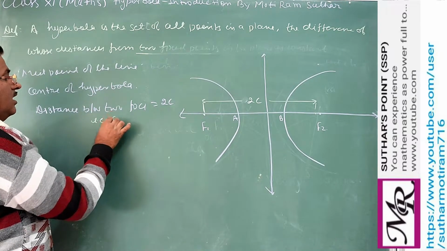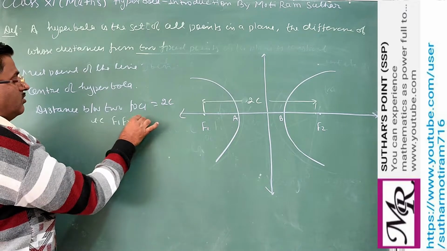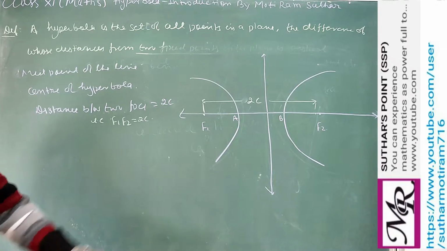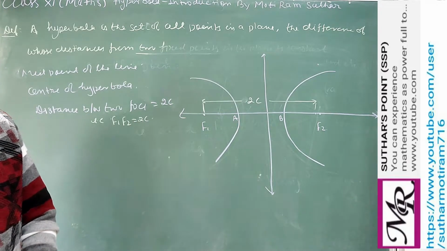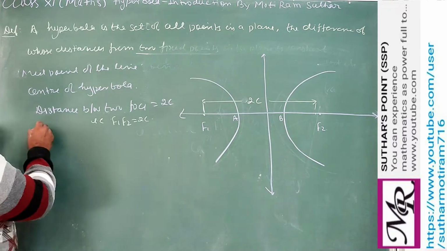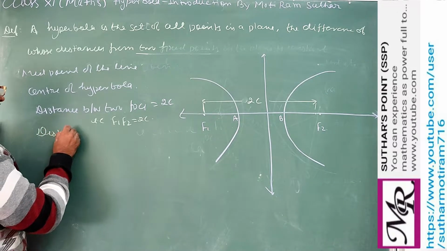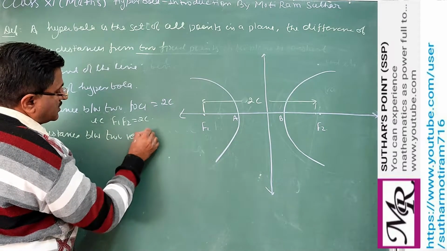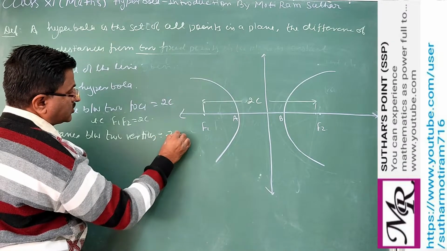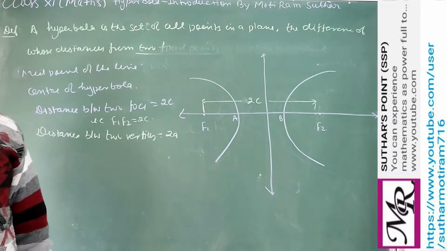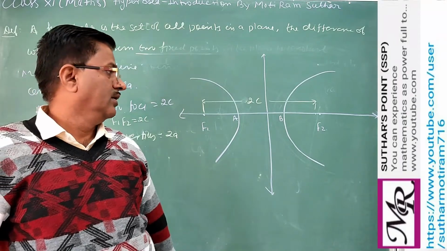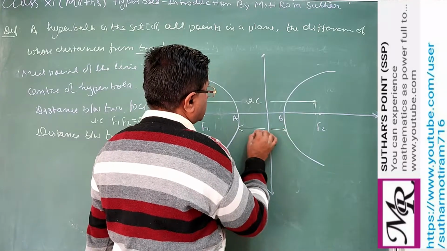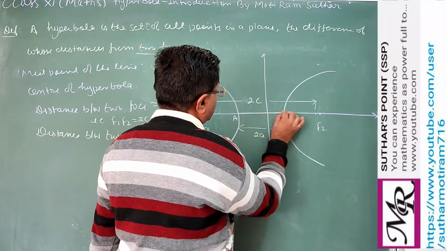That distance is called 2C. And the distance between the two vertices of a hyperbola is 2A. In the ellipse also we call this 2A, the distance between A and B.